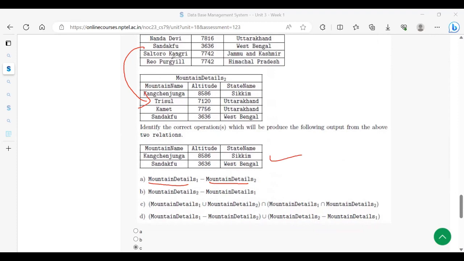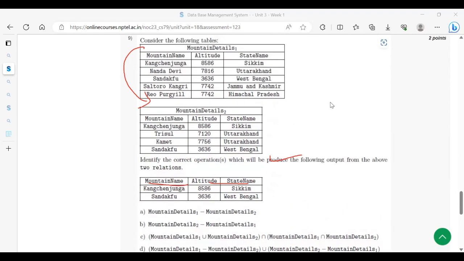So we are going to have different tuples in the first table and the second table. Now what we are going to do is the minus, S1 and S2. So how to do the minus? Whatever values you have in the second table will be deducted from the first table.